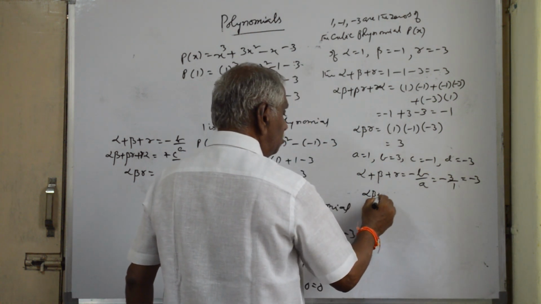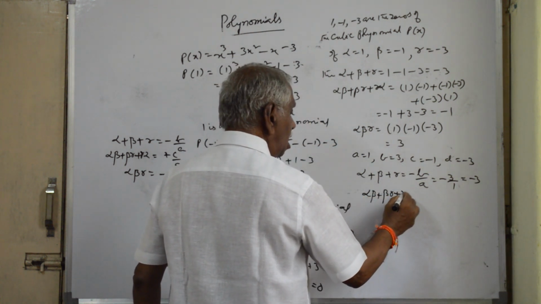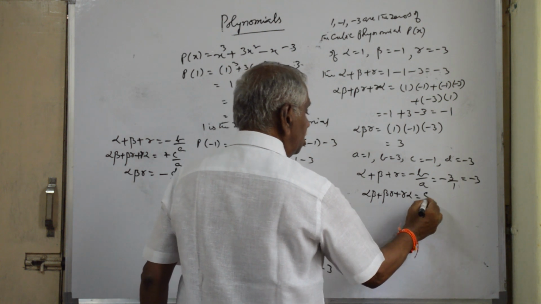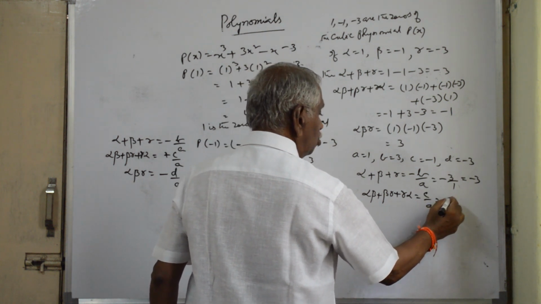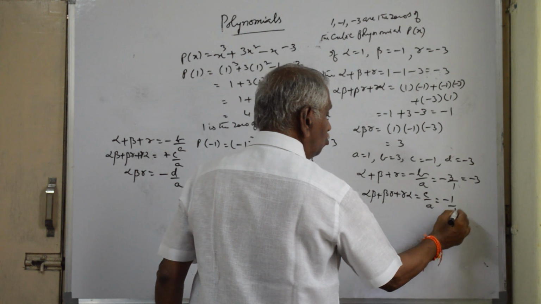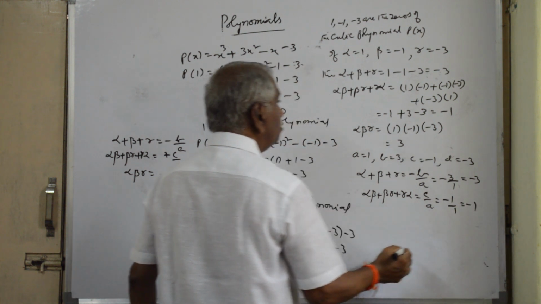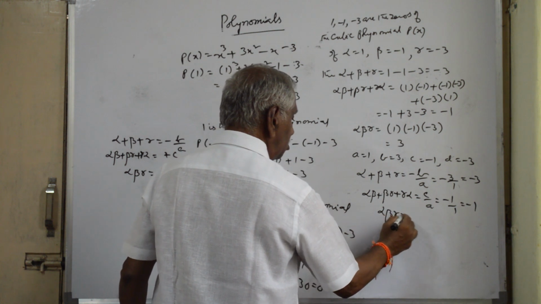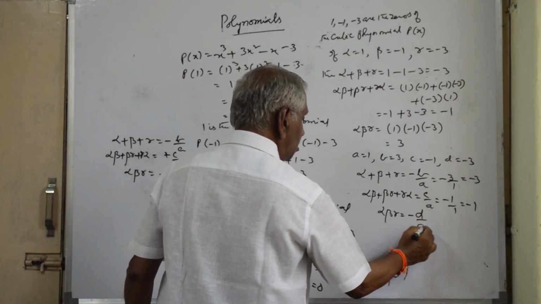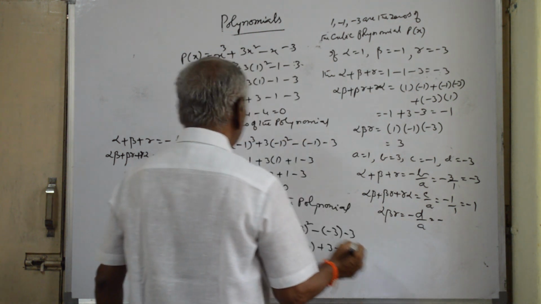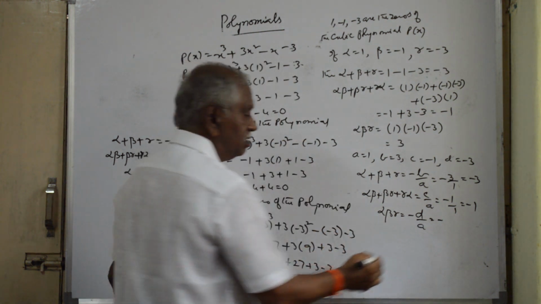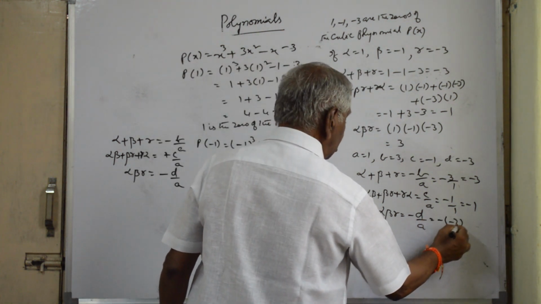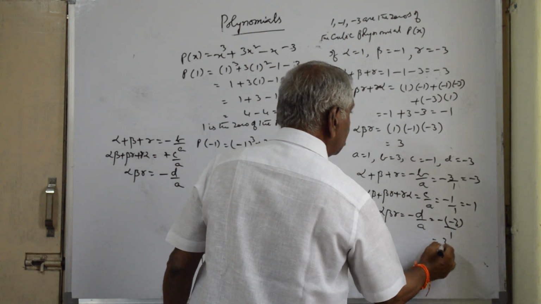Alpha beta plus beta gamma plus gamma alpha is equal to C by A, where C is equal to minus 1 and A is equal to 1, which is equal to minus 1. And alpha beta gamma is equal to minus D by A. What is D here? Minus 3. A is 1 here. It is plus 3.